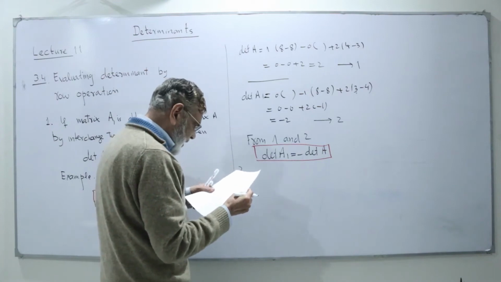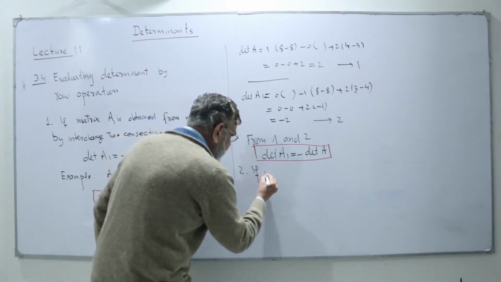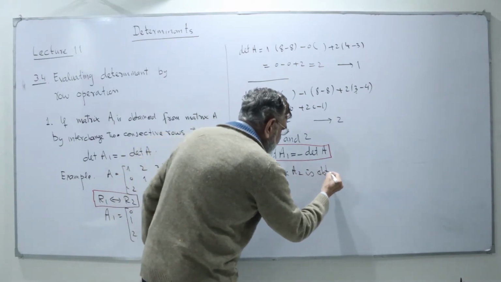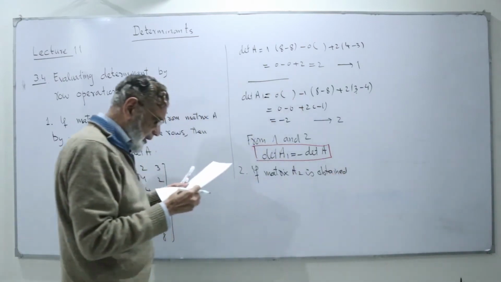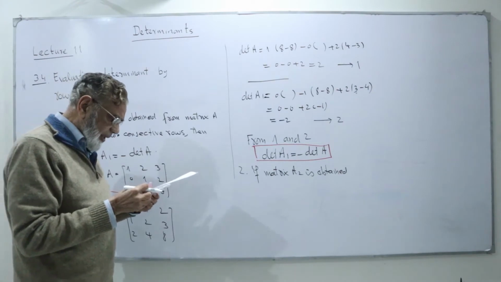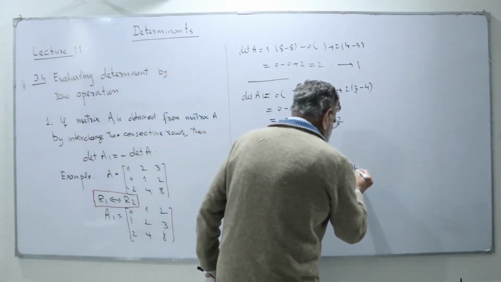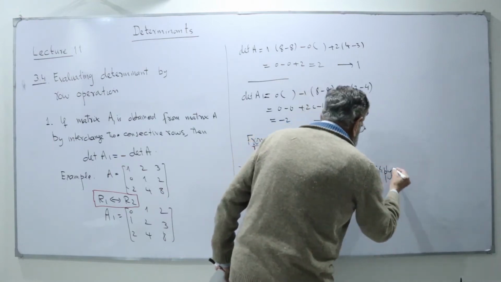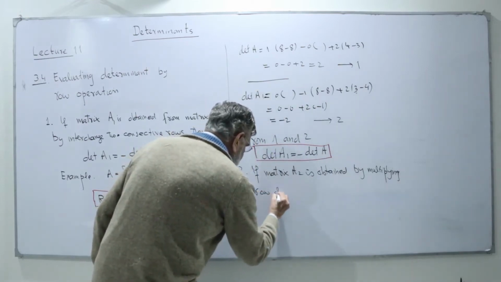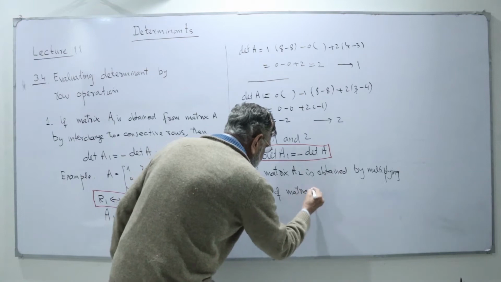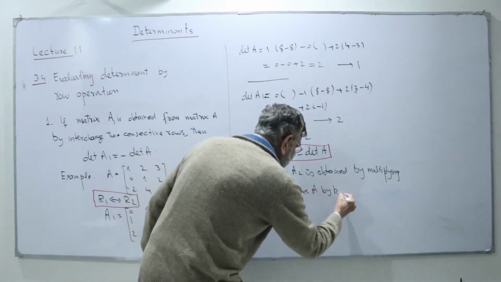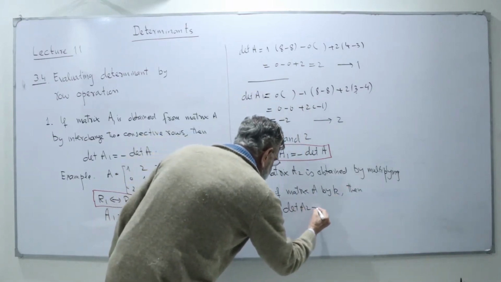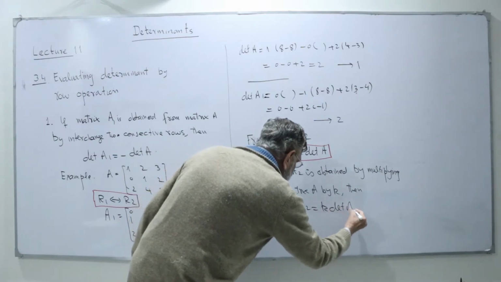If the matrix A2 is obtained by multiplying a row of matrix A by a constant k, then we have determinant of A2 is equal to k times determinant of A.